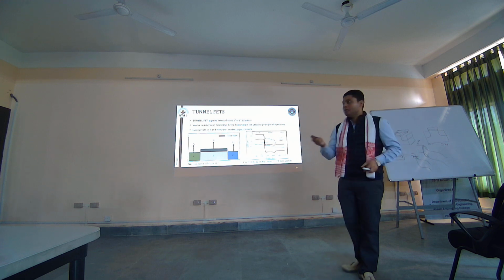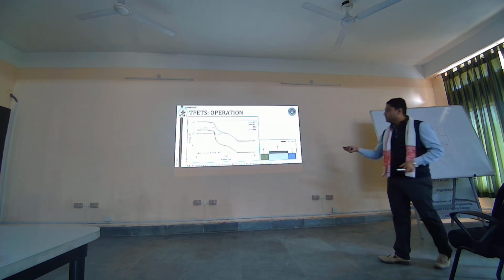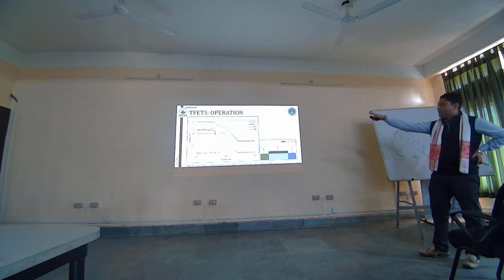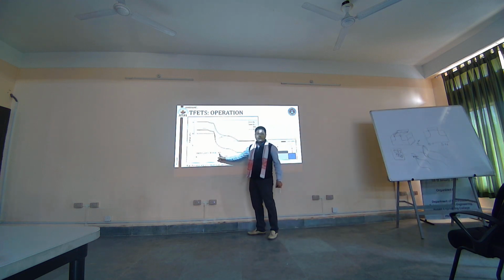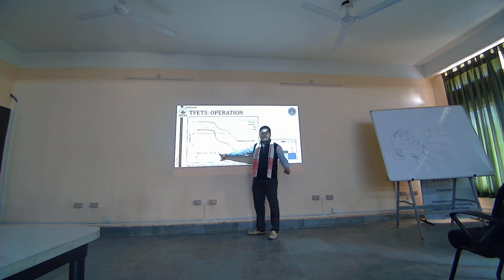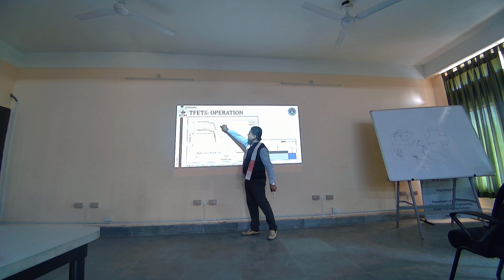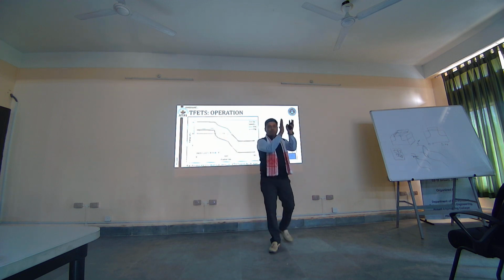I think you can better understand this from this animation. You can see that earlier, when the gate voltage is very low, you do not have an appreciable tunnel barrier. Tunnel barrier means there has to be overlap between two bands.